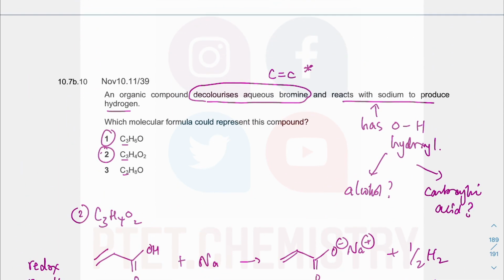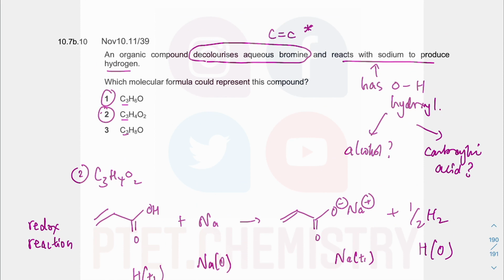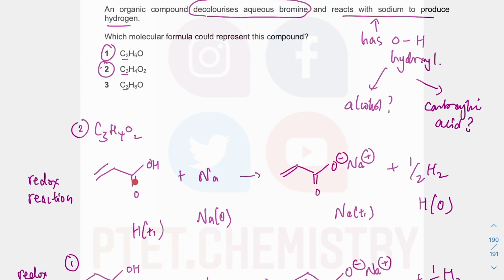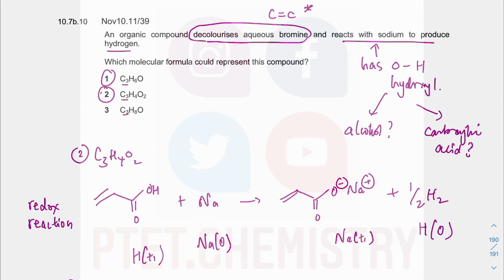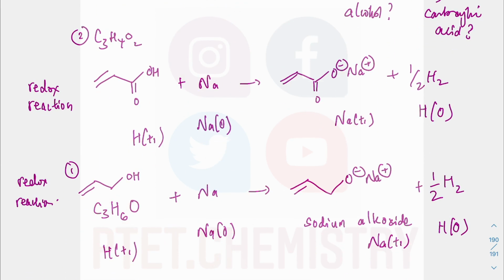Alright. And number 3, C3H8O. I hope you can see that this is C3H6O. It's got 2 more hydrogen and 1 less oxygen. That's because instead of the carbon-oxygen double bond, you have 2 extra hydrogen there. From this alcohol, which is this one, to C3H8O, you need 2 more hydrogen. You already have this molecule.